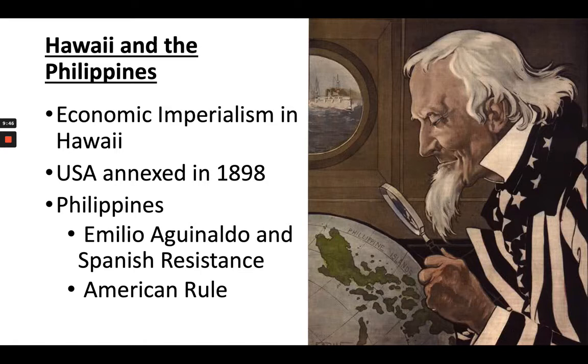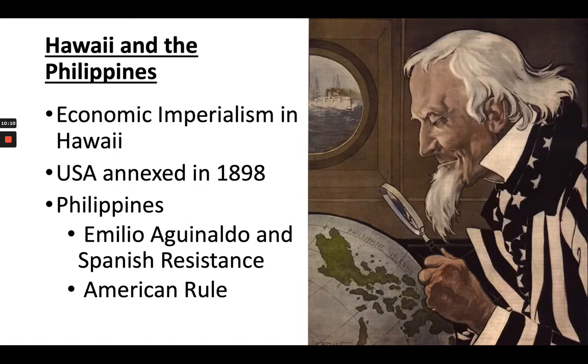You'll learn all about it in APUSH next year, but it's definitely a war partially motivated, if not majority motivated, by the media, yellow journalism. When Spain loses, they are going to give up to us Puerto Rico, Cuba, and the Philippines.